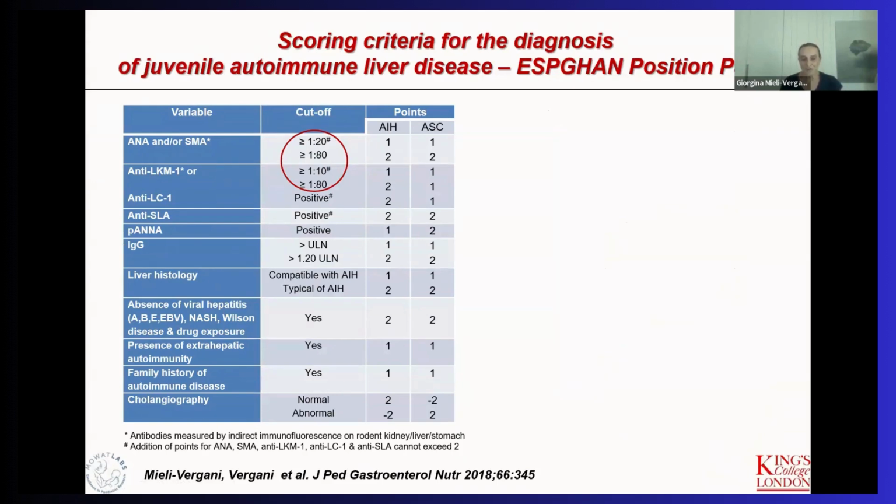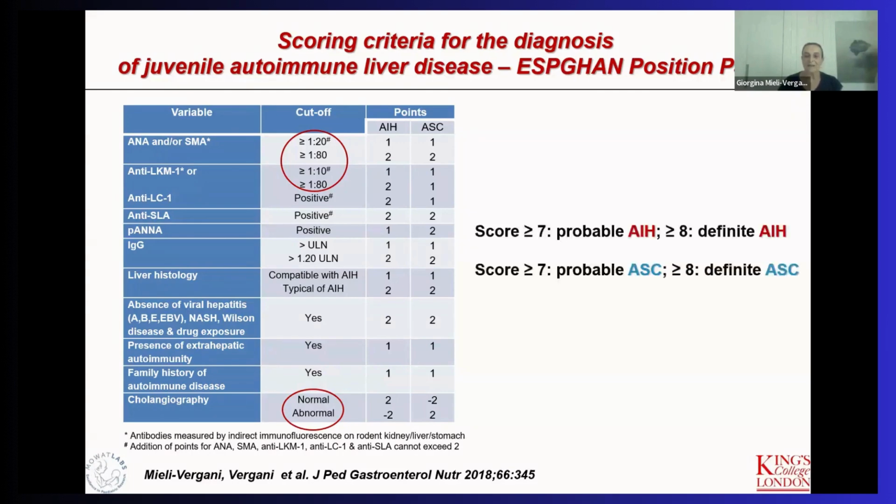This is because normal children, as we have shown very clearly, do not have autoantibodies, and therefore even low titers are quite important. But the other even more important thing is that we do perform a cholangiography at presentation, and if that is normal, we diagnose autoimmune hepatitis, and if that is abnormal, we diagnose autoimmune sclerosing cholangitis. And that is the scoring system we now use.